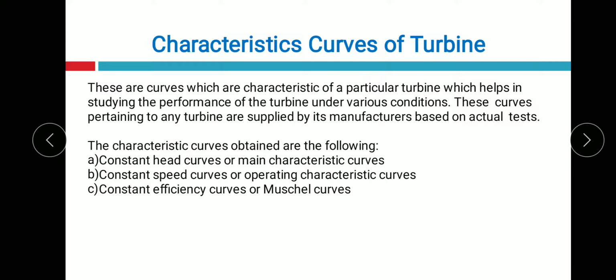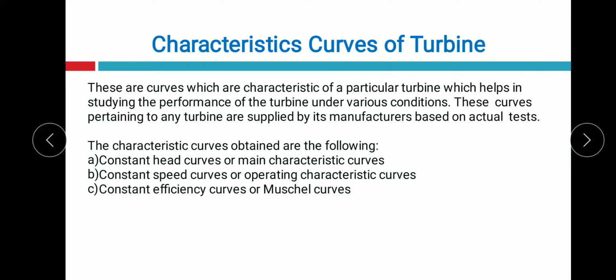We keep head constant and vary the other factors like speed, discharge and power, that is unit quantities. We study the performance of Nu, Pu and Qu under a constant head value. Constant speed curves are operating characteristic curves. These are the curves obtained while performing the experimentation. In our lab we have done the performance test on a turbine.